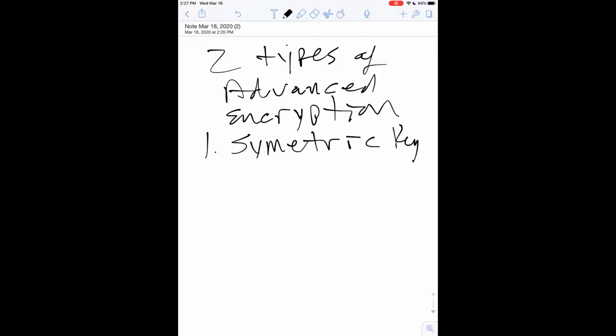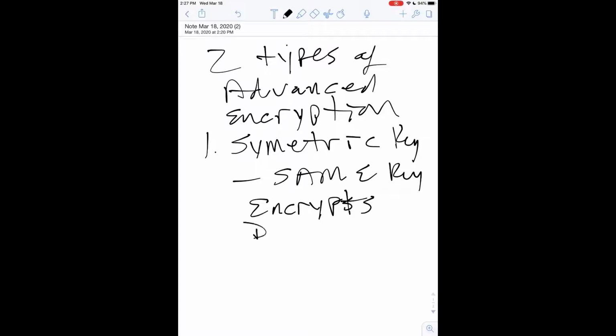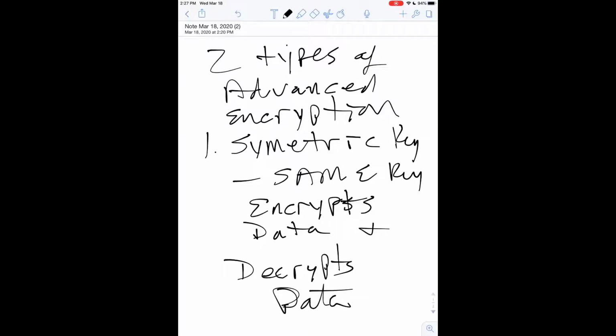Now with the symmetric key, we use the same key to encrypt data and to decrypt data. So again, same key used to encrypt and decrypt data.